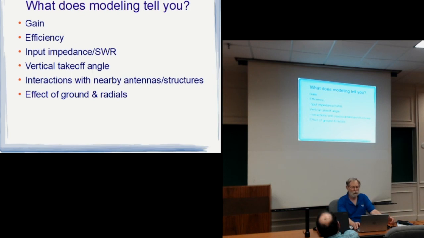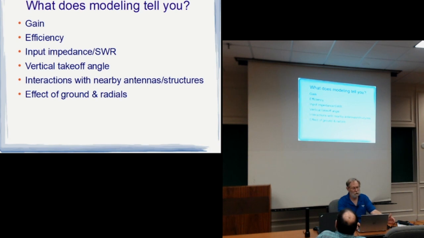So what does modeling tell you? Well, now we're going to get into some of the terms that we use, and I'm going to go over these terms because they can be a little bit tricky. So basically, modeling can tell you the gain of an antenna. It can tell you the efficiency of an antenna, and I'll explain what these terms mean.